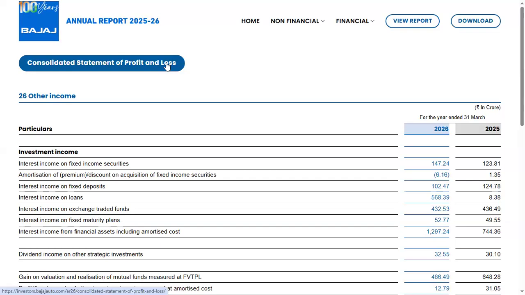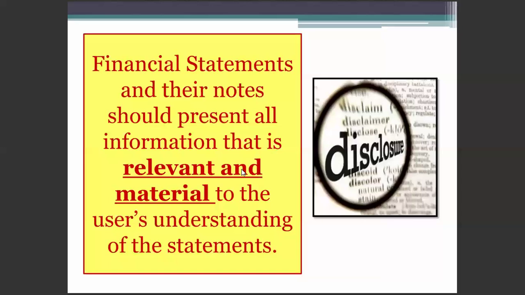So, the full disclosure convention talks about when I'm writing the statements of accounts, when I'm calculating the profit or loss, or when I'm mentioning any facts and figures, it has materiality, it has proofs, and those proofs are disclosed along with the numbers.